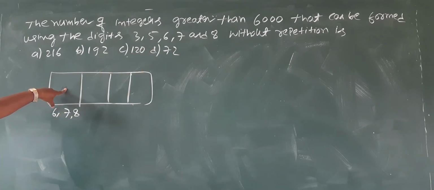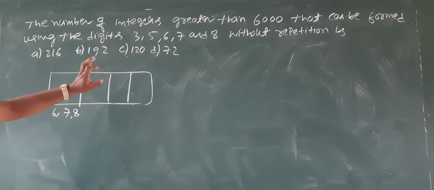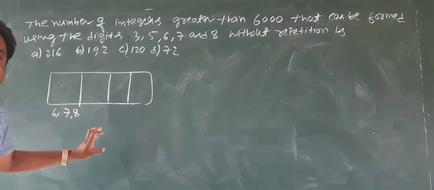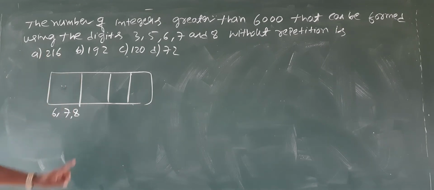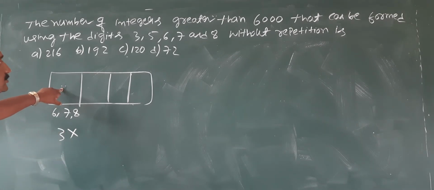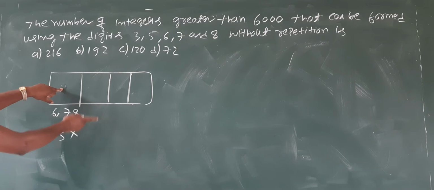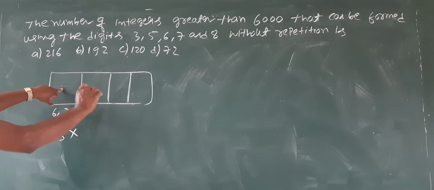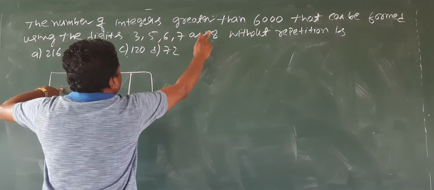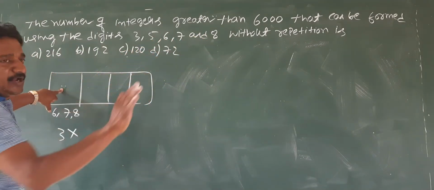There are 3 ways to fill the first box, so 3 into... After filling it, remaining digits are 4, since totally we have 5 digits.